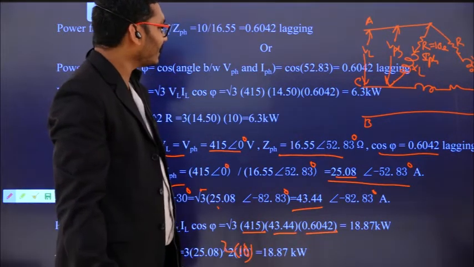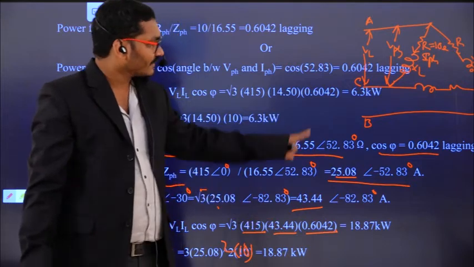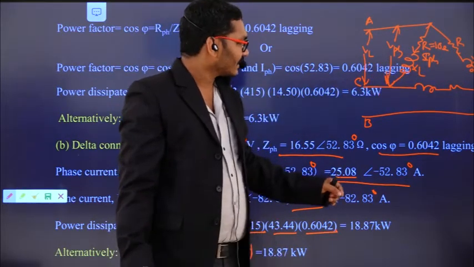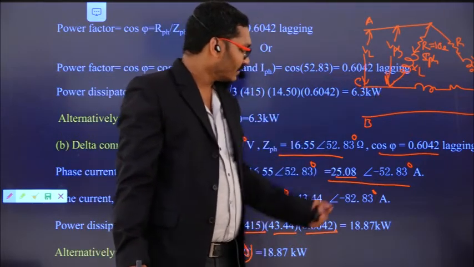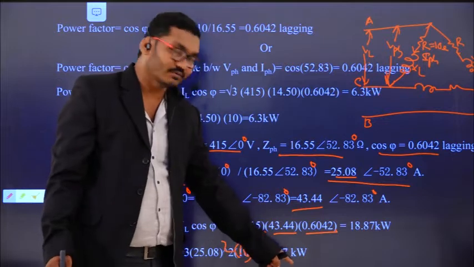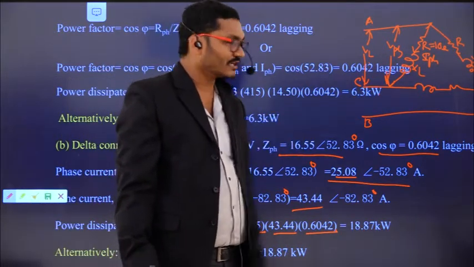If you compare the star connected load and the delta connected load for the same impedance, for the star connected load you are getting 6.3 kilowatts, but in the delta connected load you are getting 18.87 kilowatts. It means you are getting 3 times the star connected load power.